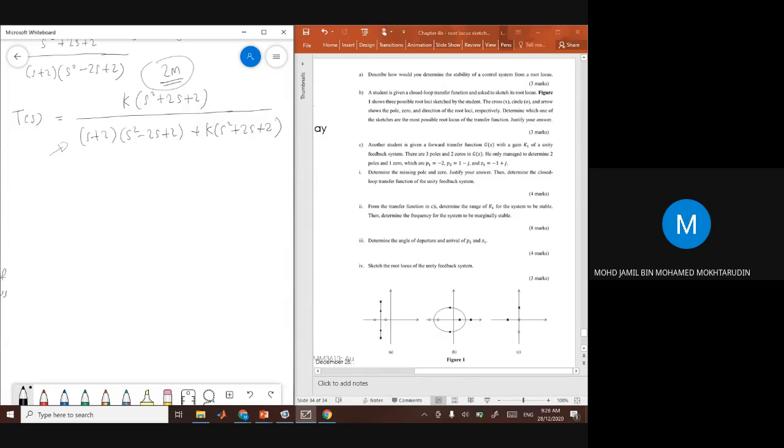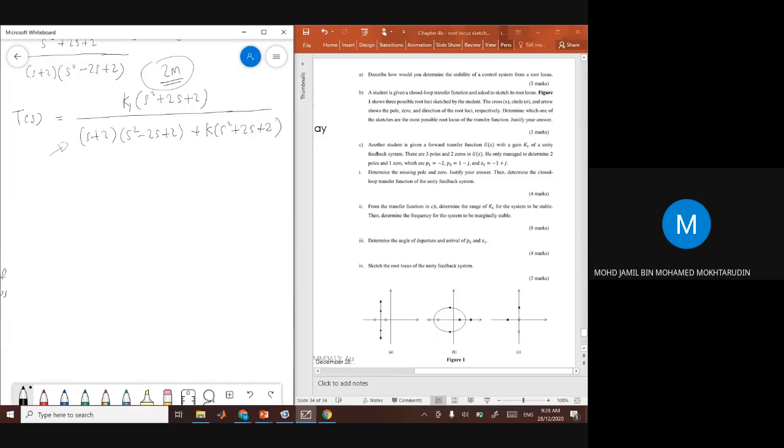And then question number 2. From the transfer function in C1, determine the range of K1 for the system to be stable, then determine the frequency for the system to be marginally stable. So question 2 basically wants the range of K and the value of frequency for marginally stable.